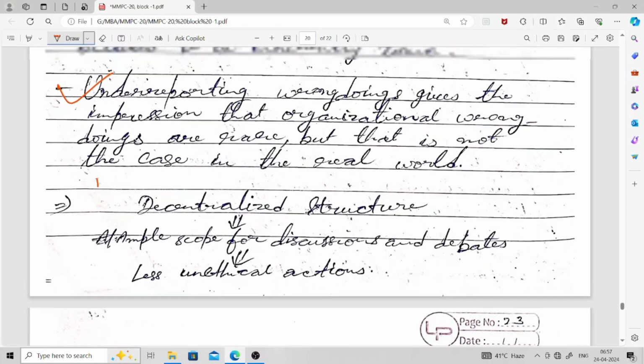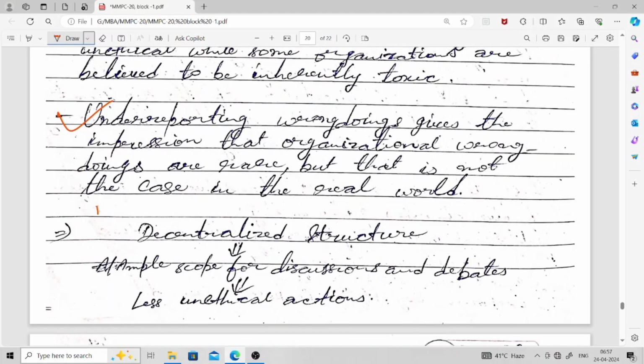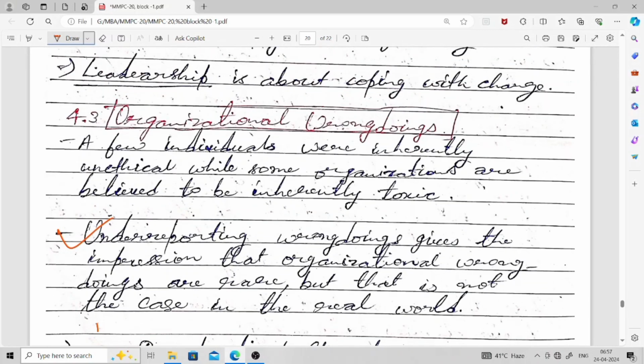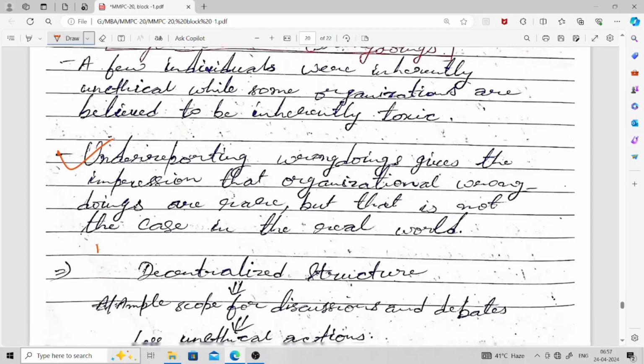So here is decentralized structure. Now, different kinds of structure can lead to organizational wrongdoings.